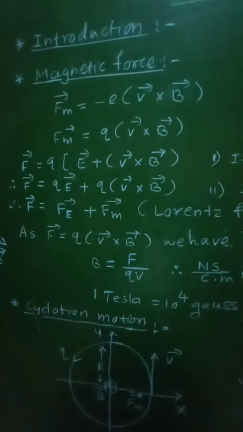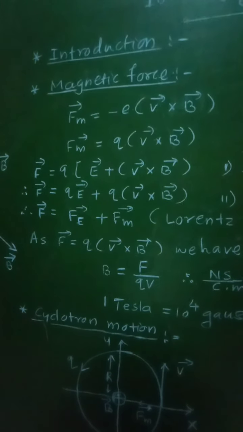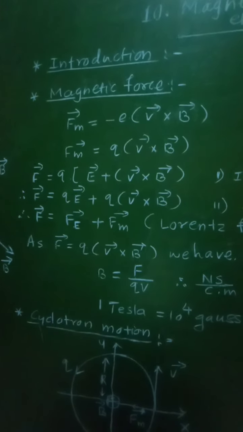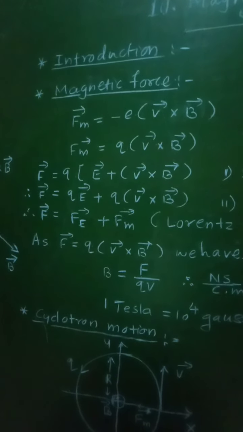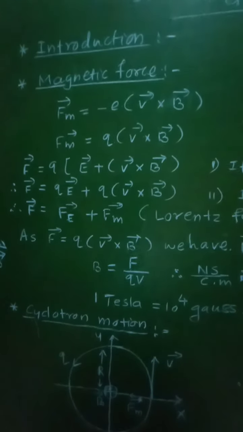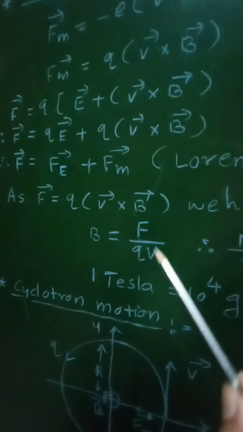To define the unit of magnetic field, we have to consider a force of 1 Newton acting on a charge of 1 Coulomb moving with a speed of 1 meter per second perpendicular to the direction of magnetic field. Then from that relation we can say that B will be equal to F upon qv.